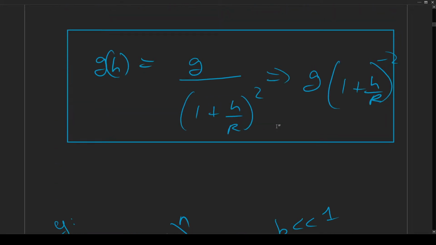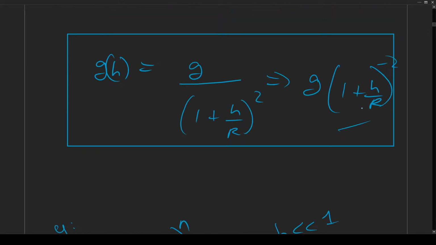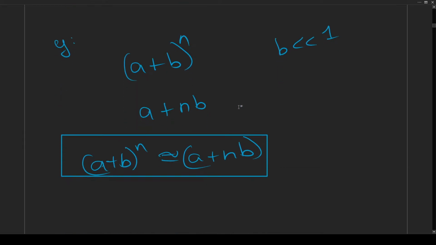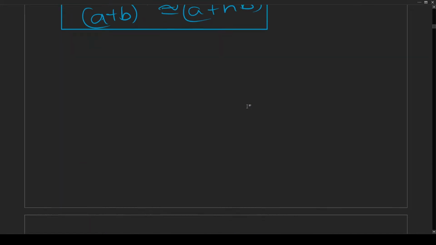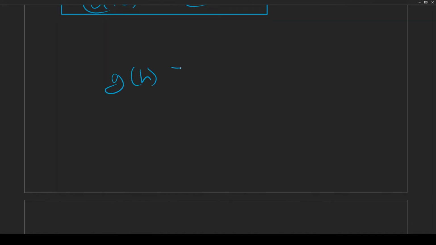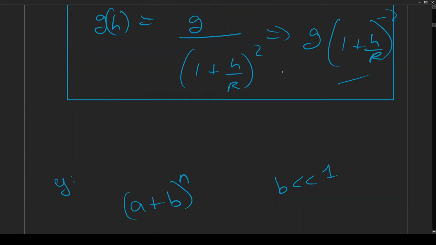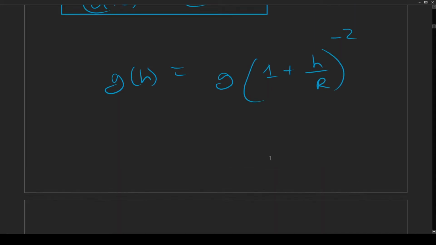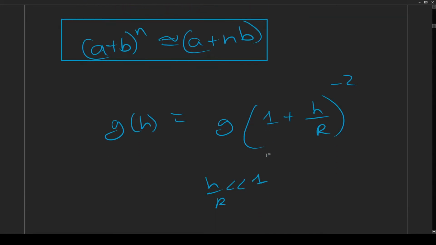Similarly, for this case, where h by R is very small, g of h is equal to g into (1 + h by R) whole power minus 2, and h by R is smaller than 1 in such a case.